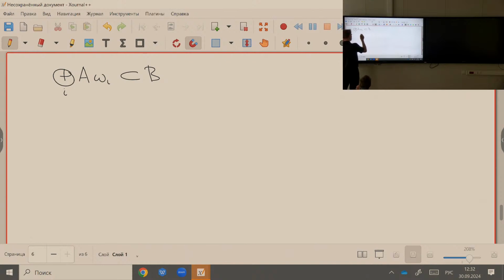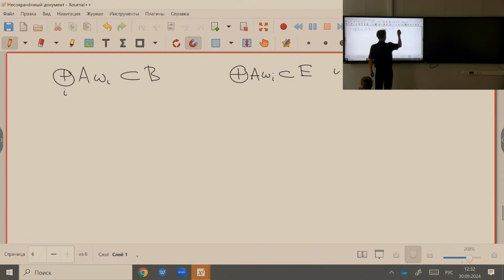So this inclusion is just sum of A omega_i. You have the inclusion inside E, since omega_i is a basis of E over F.